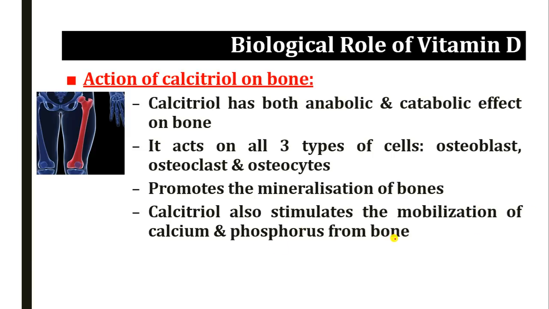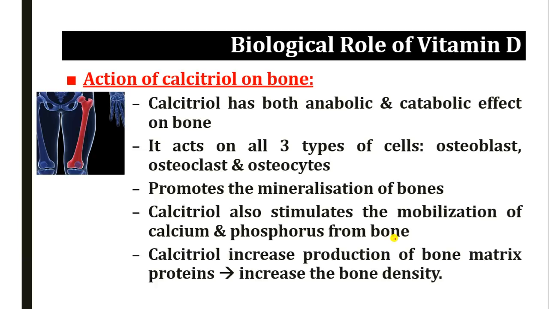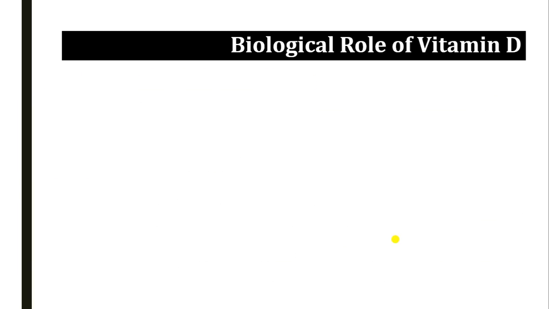So that is called the remodeling effect of calcitriol on bone. Whenever calcification is needed, it causes mineralization of bone, and when we require more calcium in the plasma, that causes mobilization of calcium, or we can say demineralization of bone. The calcitriol also increases the production of bone matrix protein like collagen, and hence it is also helpful in increasing the density of bone.